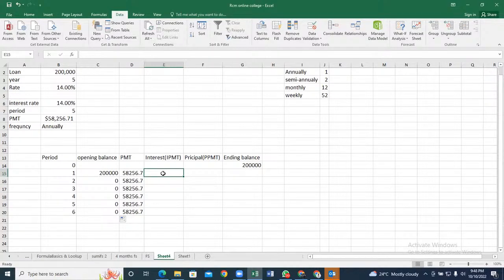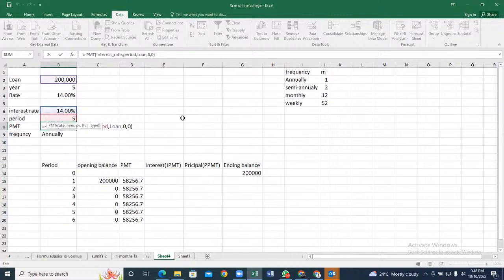Which issue? If it is not giving you the value, number one, you did not define it. So if I come to my PMT, it is referring to number one, interest rate. If I refer the first thing, interest rate, it is picking this. Number two, period, it is picking this. And then loan, the loan amount there. Then we have 0 and 0.